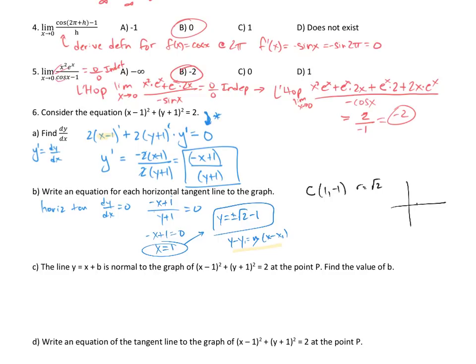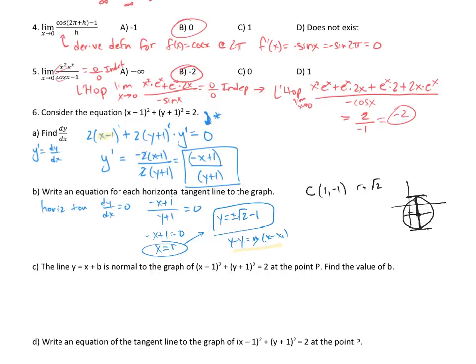You would have 1, negative 1 as the center, and then you would be going root 2 in each direction, right? And so we would sketch our circle in here. So these are the horizontal tangents, and they are going to be at this negative 1 value plus or minus root 2 away. So you could think of it that way as well. All right, moving on to part C here.